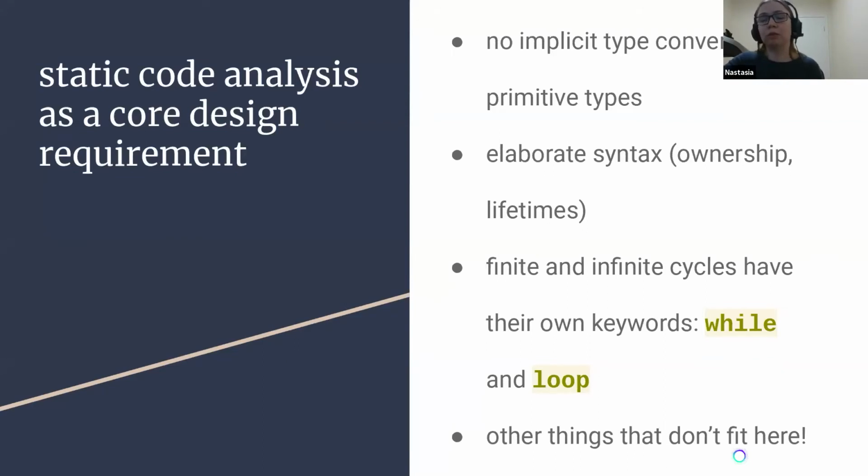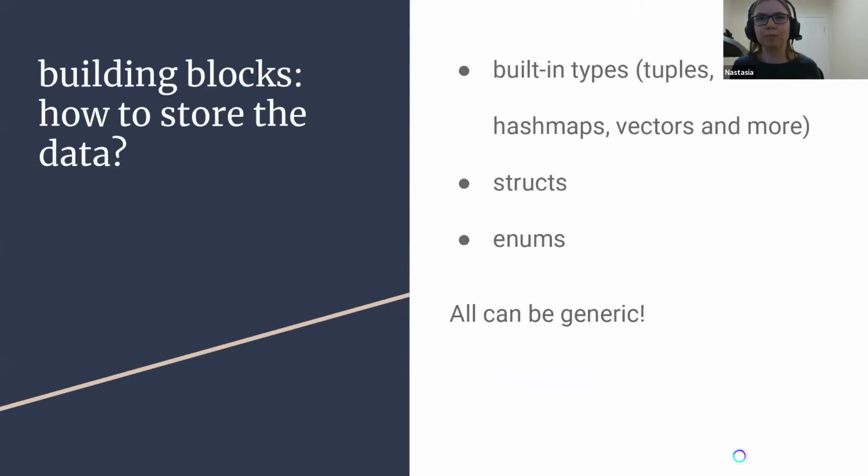I'm so sorry. This is a mistake in the slide. But the point is that every time you see the keyword loop, it means that the cycle is absolutely infinite. So static code analysis doesn't have to evaluate the condition of this loop to make sure that it's all working correctly. There are some other things that follow from the static code analysis, but I wouldn't be focusing on it too much. So I would first try to overview the building blocks of the language.